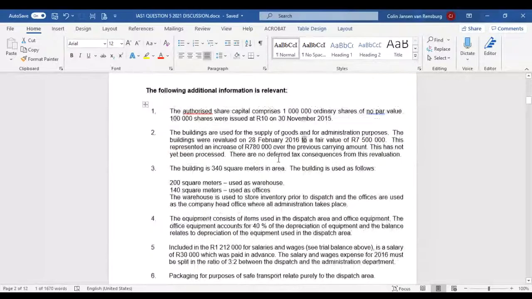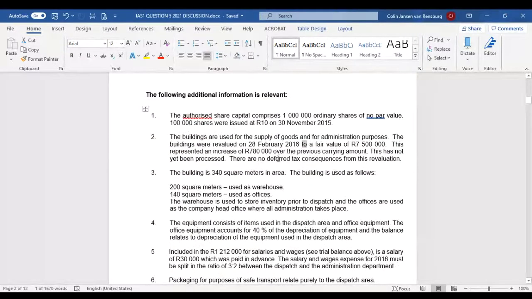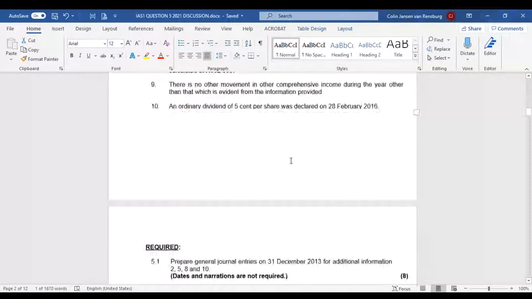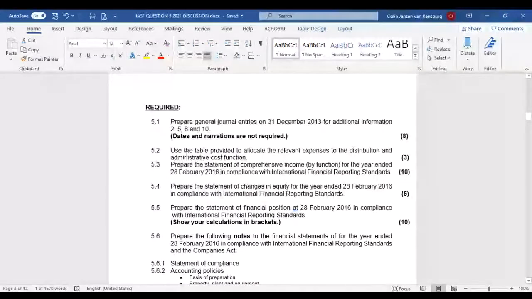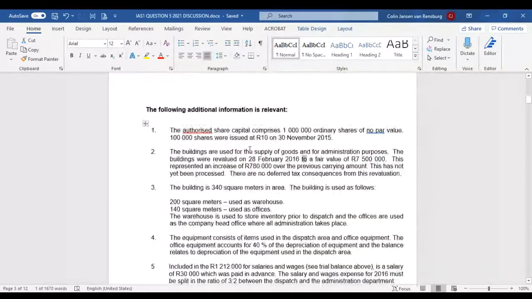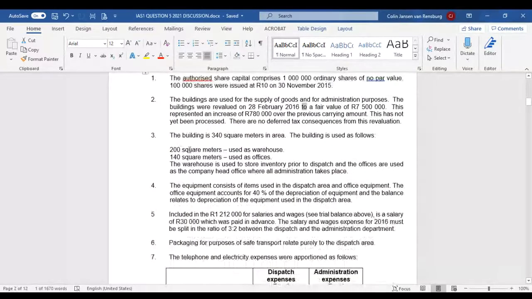Now, ladies and gentlemen, if you can type for me in the chat box again. You remember we said this company has got two functions: a distribution function and an administrative function, right? Now, if you look at the 200 square meters that is being used as a warehouse, do you think that warehouse, the physical warehouse itself, is part of your admin function or part of your distribution function?